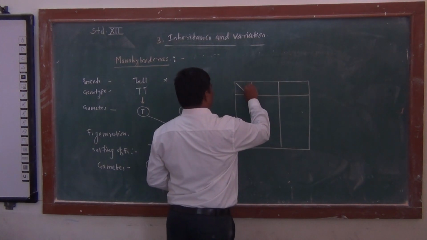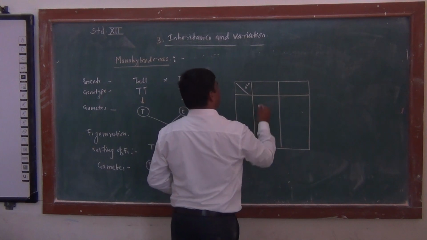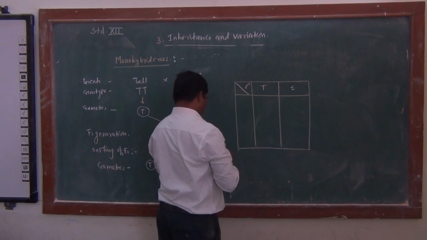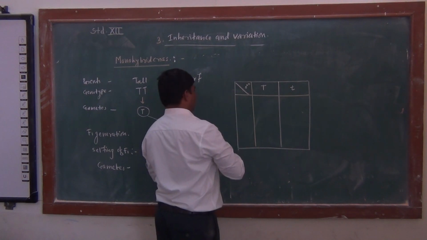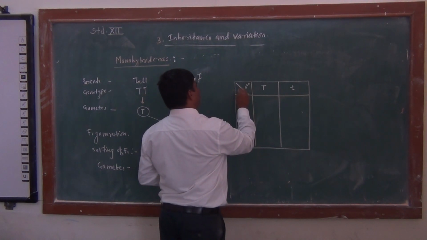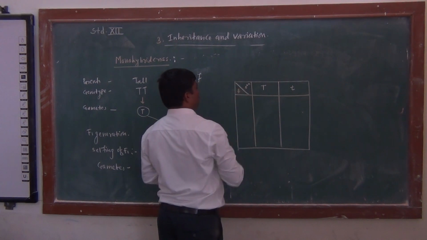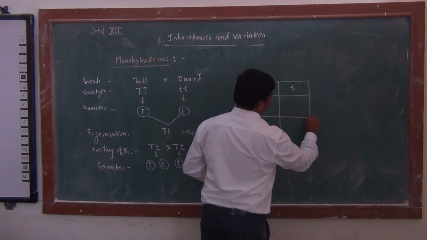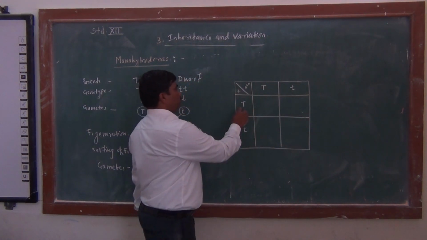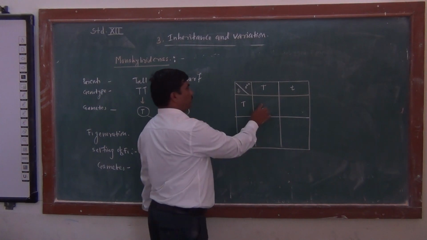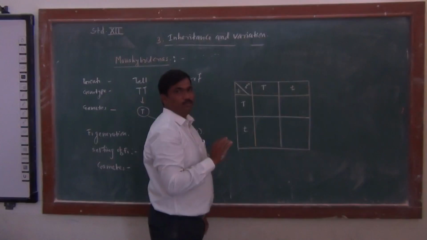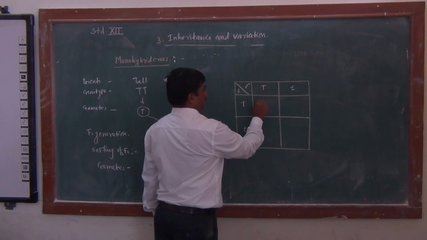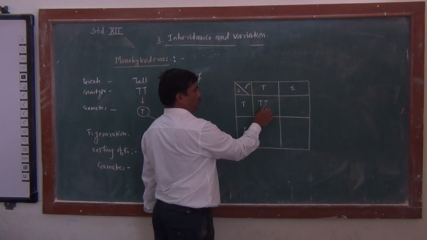In the top row you write the male gametes, capital T, small t, and in the left-hand column you write the female gametes, capital T, small t. These male and female gametes fuse together to form the offspring.